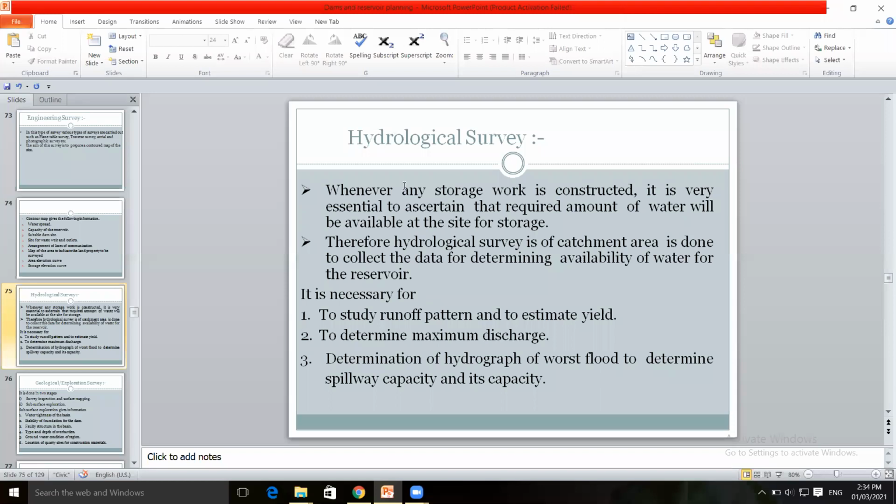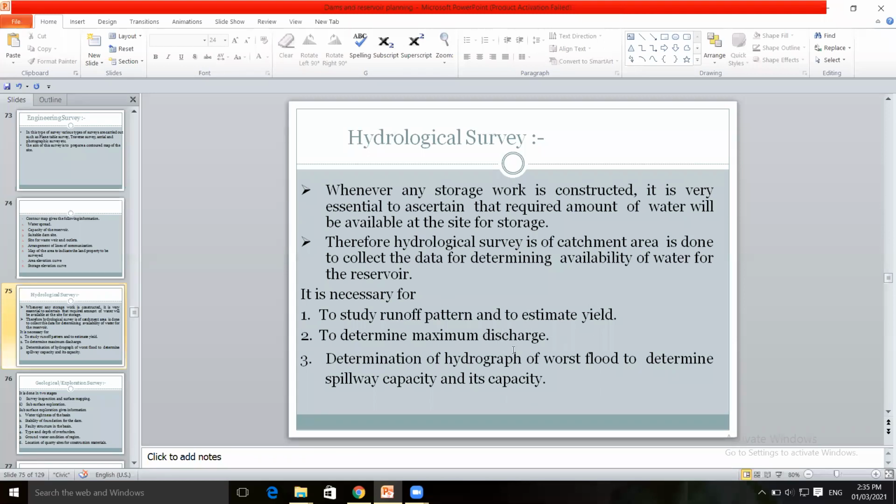So this data is useful for studying the runoff pattern, how much rainfall there is in that area, in the reservoir area, the maximum rainfall throughout the year in the rainy season, how much the depth of rainfall is there. Then what the runoff pattern is, what the yield is, to estimate the yield of the reservoir.